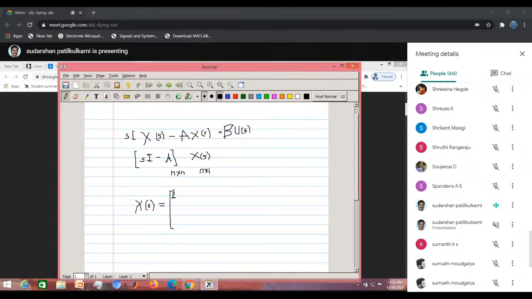Laplace transform of x1 of t, Laplace transform of x2 of t, so that is why it is an n cross 1 vector.